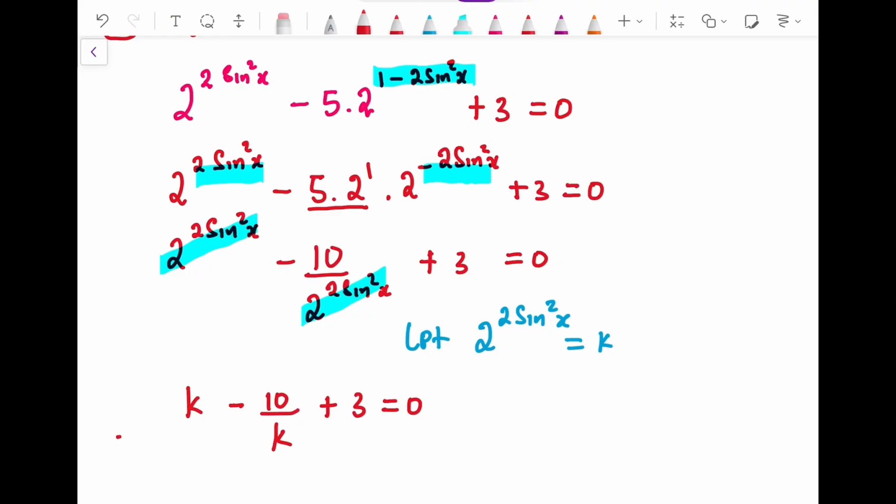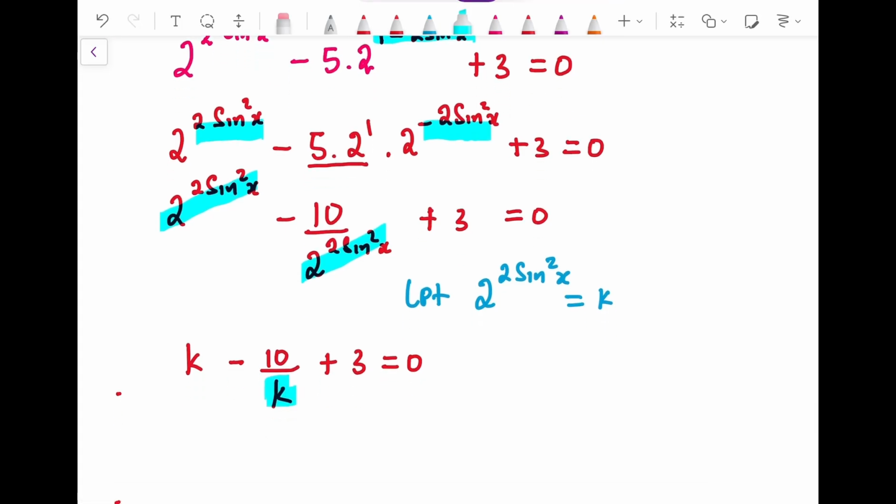And then here we can multiply everything by our LCD, which is k. Now multiply everything by k. What is k times k? It is k squared. What is negative 10 over k times k? It will be minus 10. And then 3 times k, it will be plus 3k. This is equal to 0.